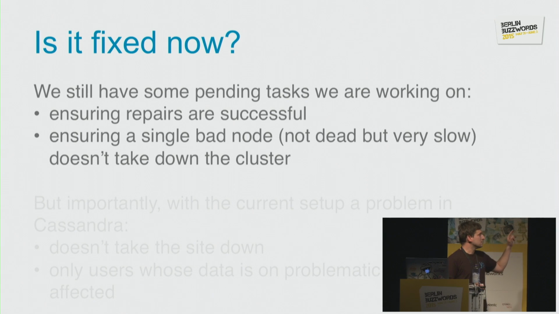So is this fixed now? Is this the end of all of that? Well, more or less. We still have some problems with running repairs successfully all the time. And we have also seen things like a single bad node taking down the whole cluster. By bad, I don't mean dead, because that's relatively easy. I mean slow, one which thinks it's OK but isn't.